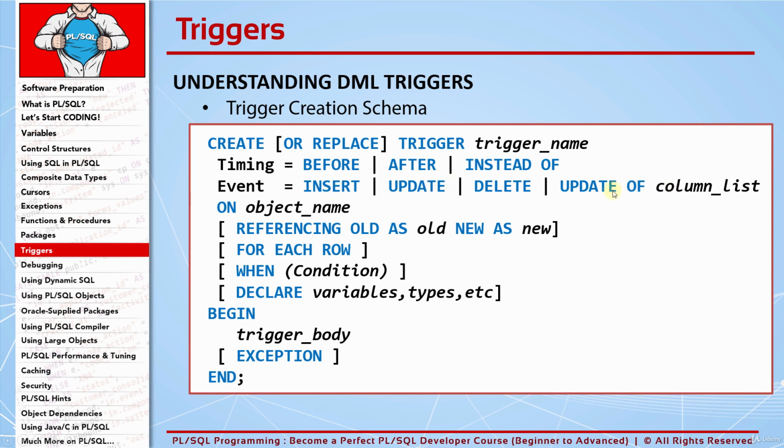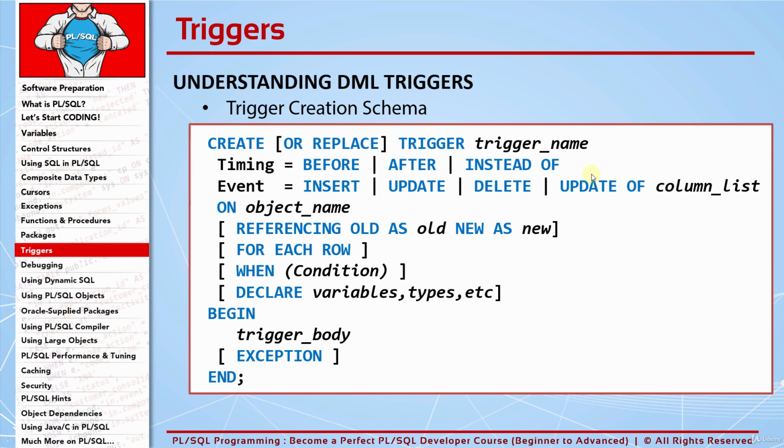So what is that update of option? As you know from our SQL lessons, insert and delete are row-based operations. If you insert something, you insert a complete row. If you delete something, you delete the whole row. You cannot delete a specific column. You can set to null or something, but you cannot delete. But in updates, it is different because the update is done for the columns.